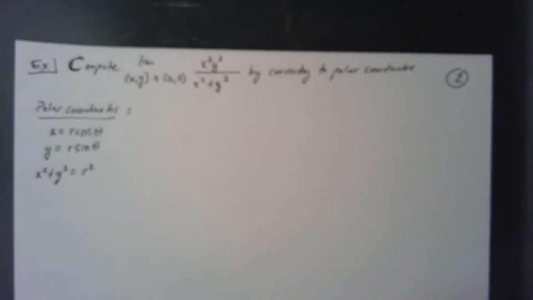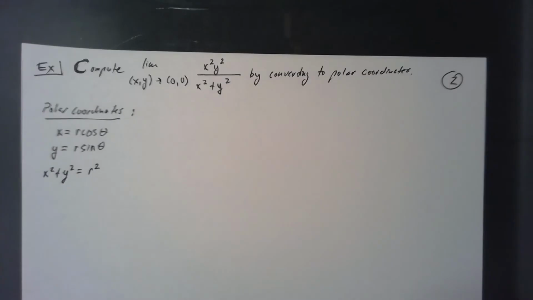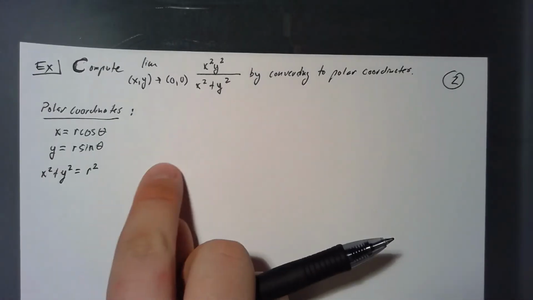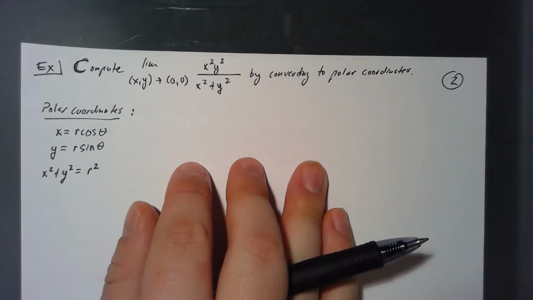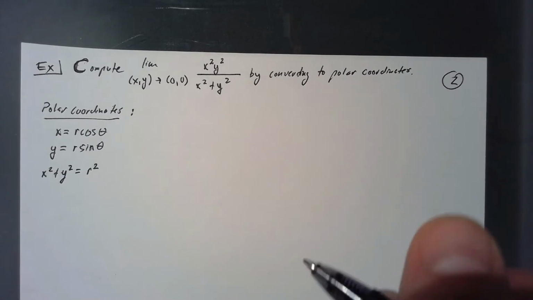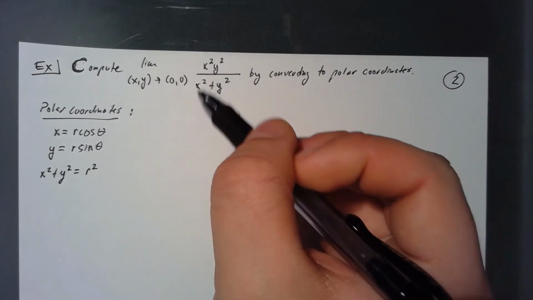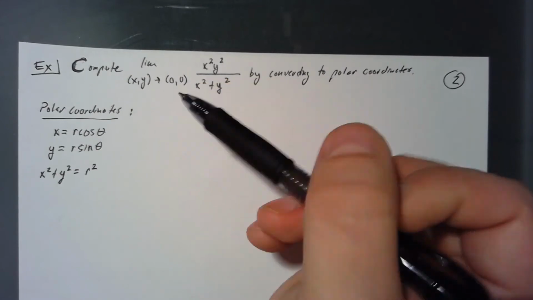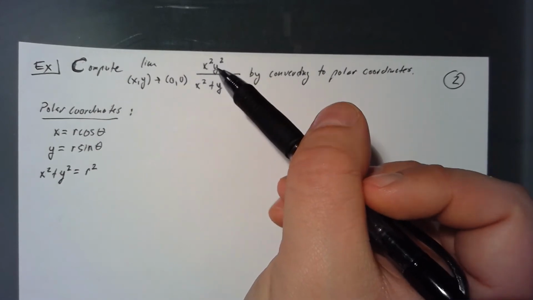Since that's the case, why don't we just plug these into our function for x, y, and so on? It seems pretty straightforward now. Just take this and replace them with x, y, etc. So I have x squared times y squared.